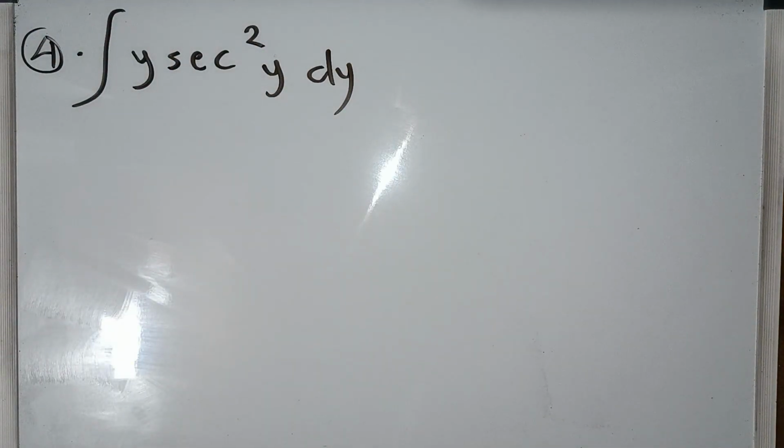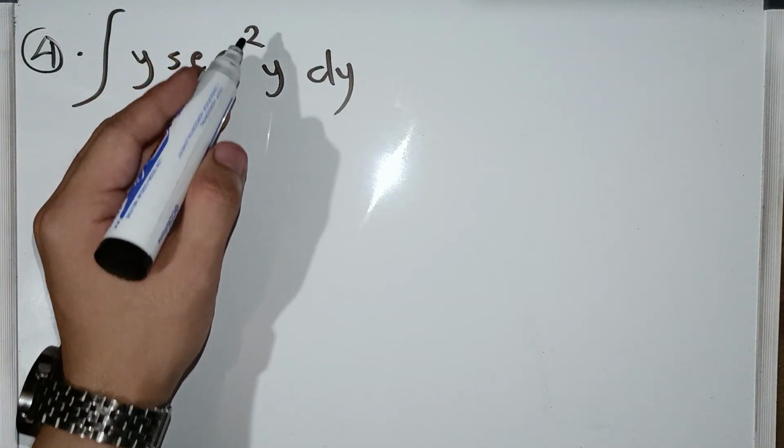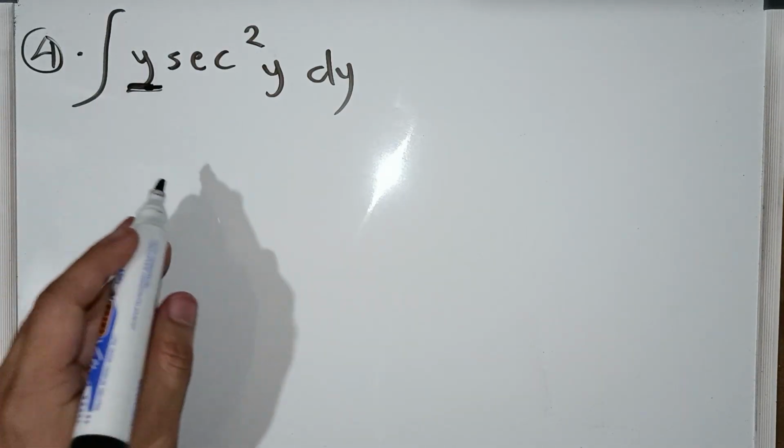To problem number 4. Let's try the integral of y secant square y dy. Here, as you can see, we have the y here, so that is now our u.